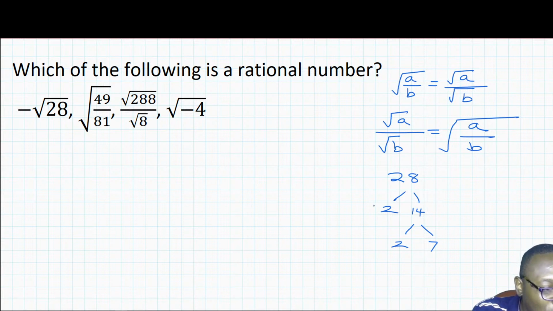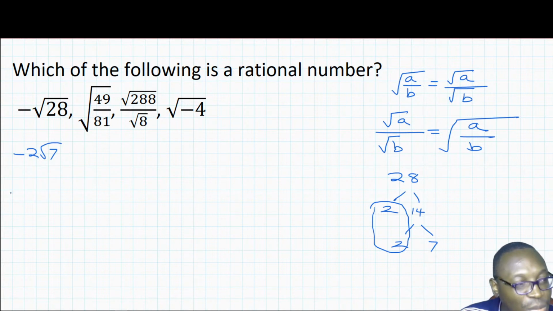Okay, so we can see that there's only one pair of 2's here, and there's a single 7. So this is going to give us negative 2 square root of 7. So this is not a rational number because you can't really express this as a over b.